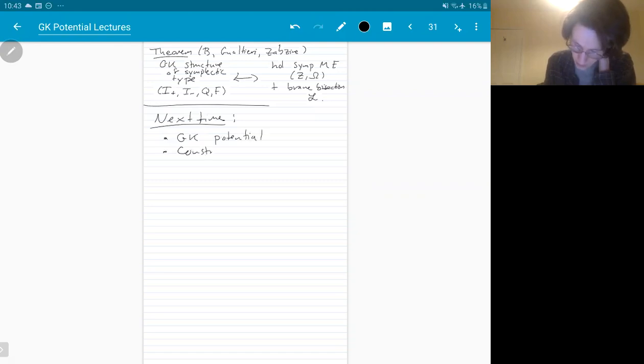I could also talk about construction of examples, and also its application to understanding the flow deformation, which I talked about last time.